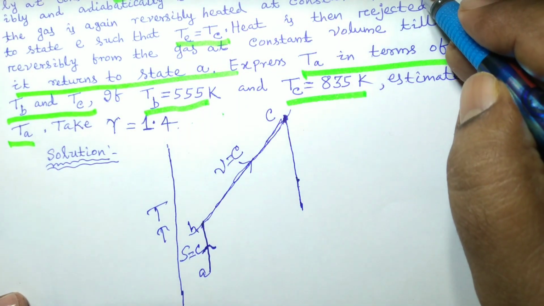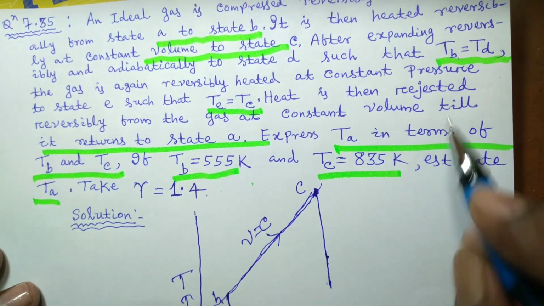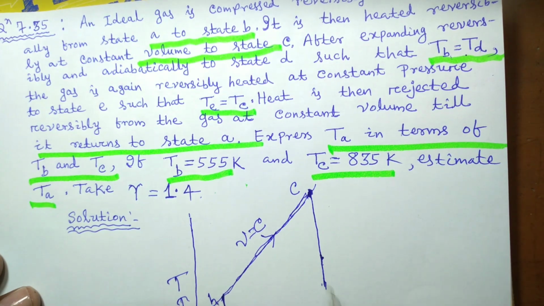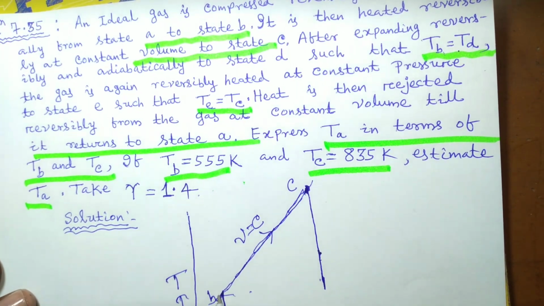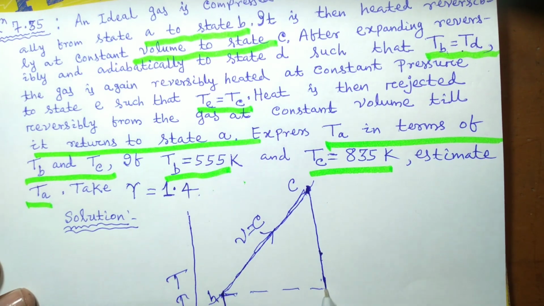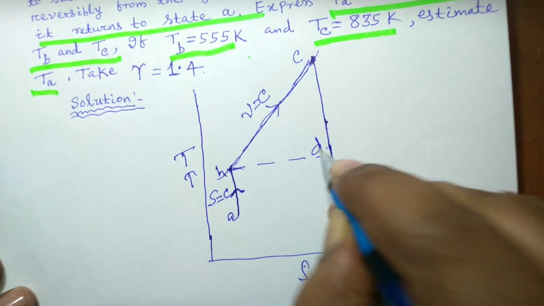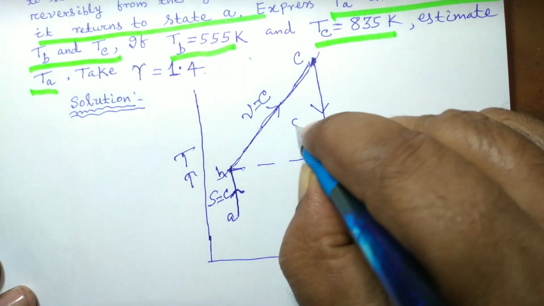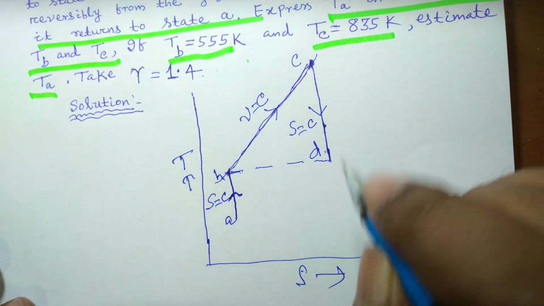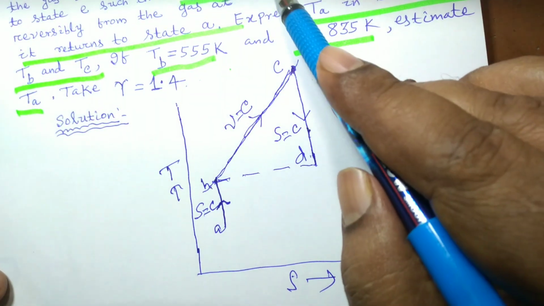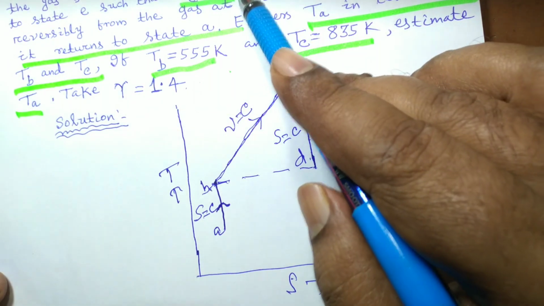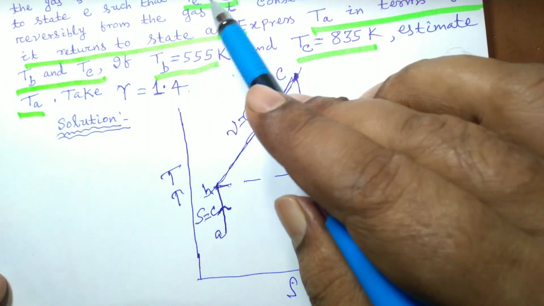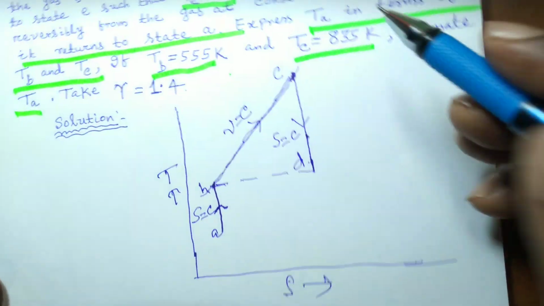So it is given that at the end of this process CD, the temperature Td is attained, and that Td is nothing but the same as Tb. So this is your B, Tb is the same as Td, so this is your D. This is again an isentropic process, isentropic expansion. Next process is that the gas is again reversibly heated at constant pressure to state E such that Te is equal to Tc.